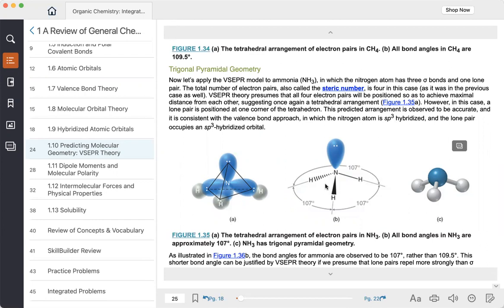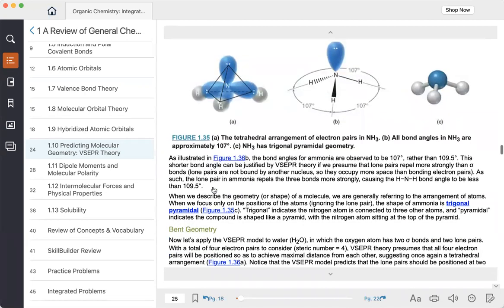Even so, each of these sp3 hybridized orbitals that's attached to the nitrogen is very similar to the carbon sp3 hybridized orbital we saw above. It's just that this lone pair really serves to push down the rest of the bonding orbitals, which is why there is a shape change there.